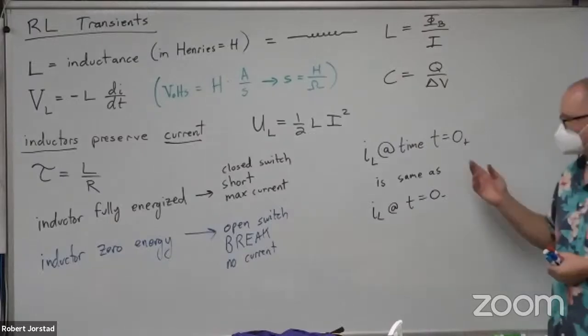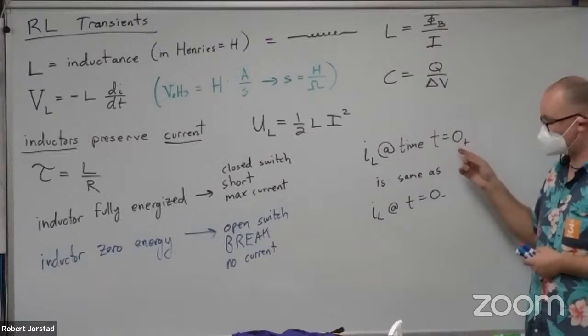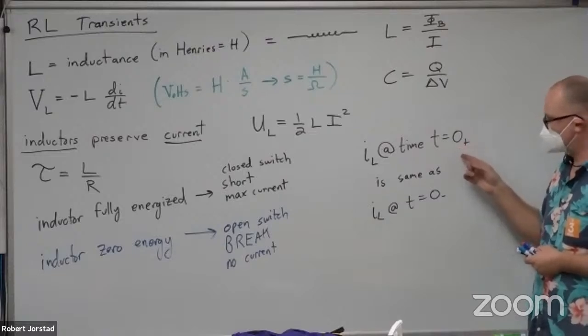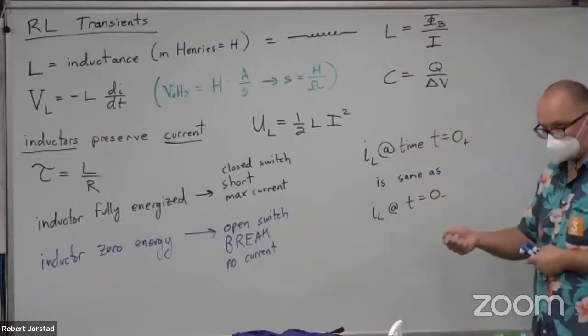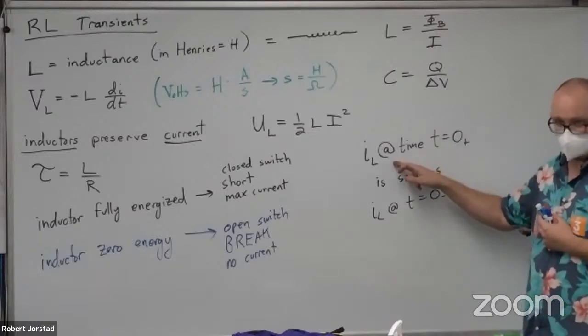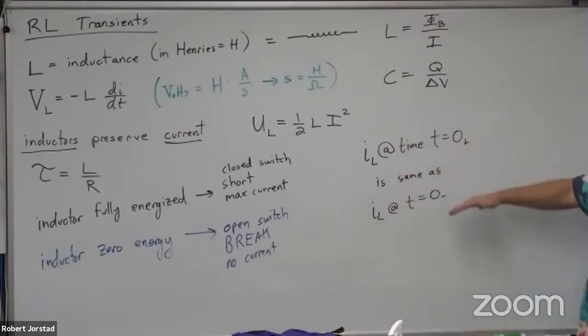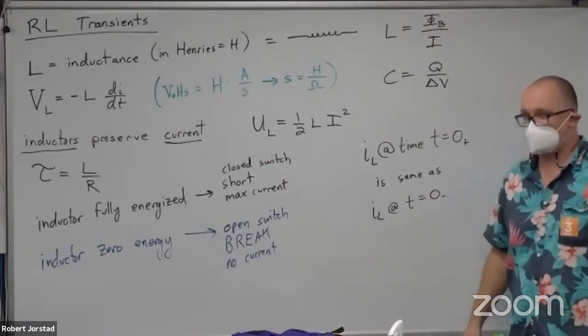Again, one way to think about this is the vacuum cleaner is at full speed. The current is running, right? And so you pull the plug, that's like closing the switch. It's like, no, I'm going to keep the current flowing even though you pulled the circuit out of the wall. It preserves that current as you change the switch. Crazy, right?